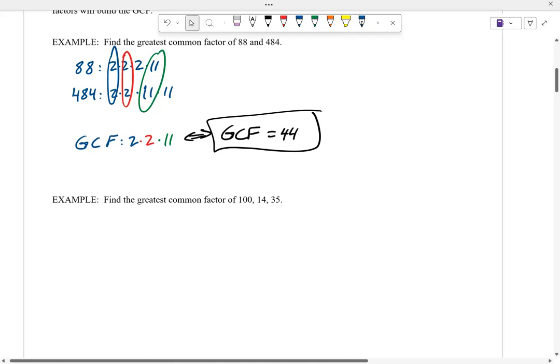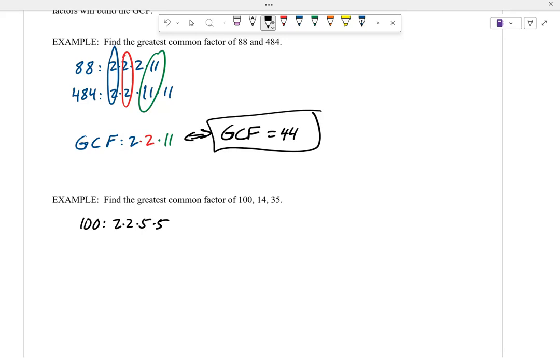You could do that for 100 as well, right? We know 100 is 10 times 10, or 4 times 25. Factors of 14: 2 and 7. Factors of 35: 5 and 7. So if I'm looking at this, I'm like, geez, they don't all have a 2.